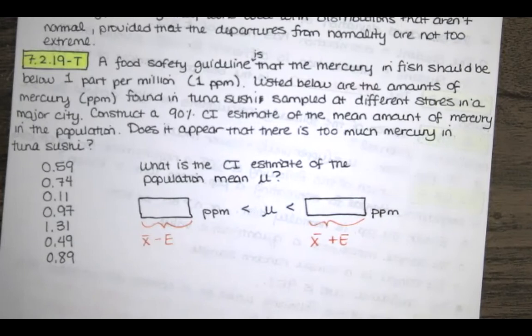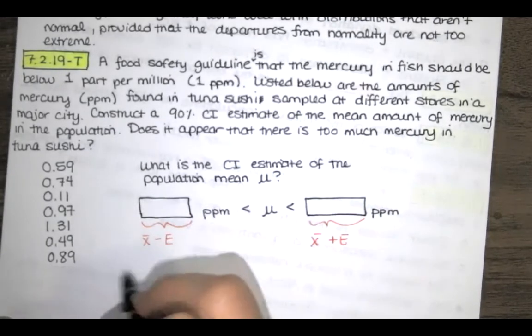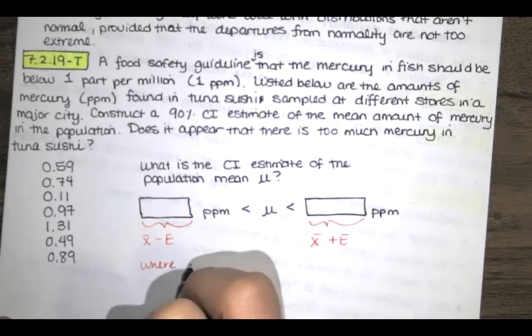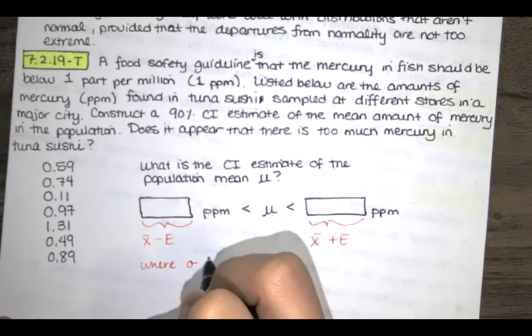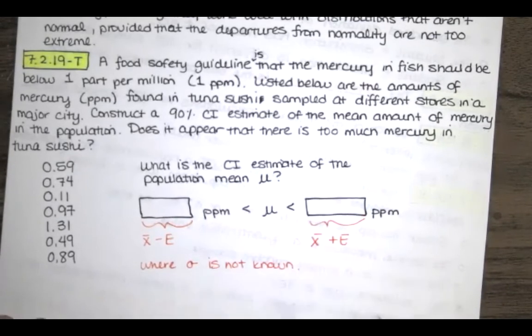Now, we're not given the population standard deviation sigma. So we're going to use this formula where the population standard deviation sigma is not known. Now, x bar we can compute without knowing sigma.